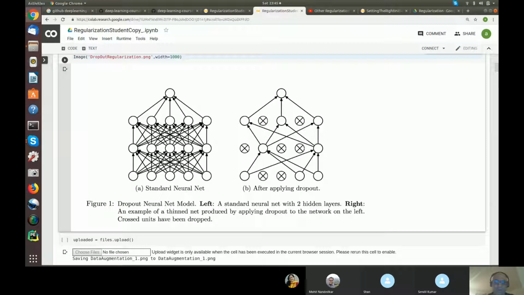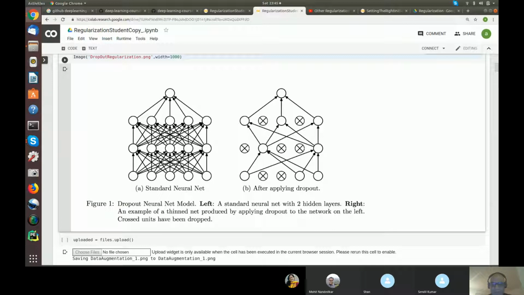In order to solve that, a small change was made, where the activation that was coming out of a neuron... So let's say you have a neuron which had 10 neurons going into it.